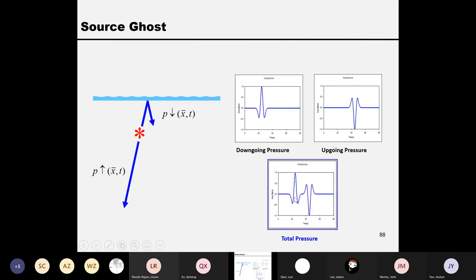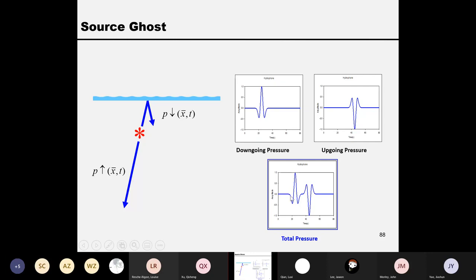One is going down directly, the other goes up and comes back down, maybe 6 meters up and 6 meters down, so a 12 meter path, which gives a time delay.